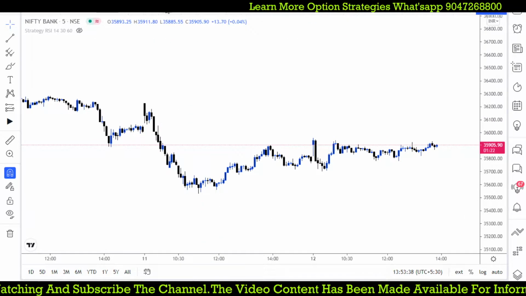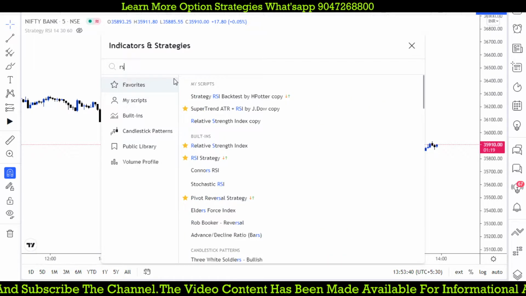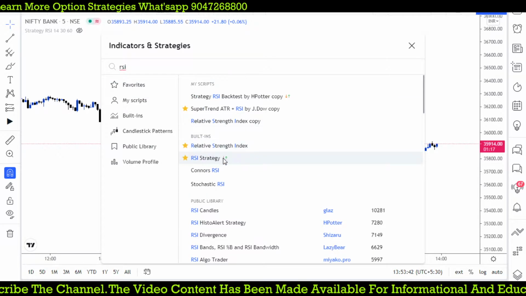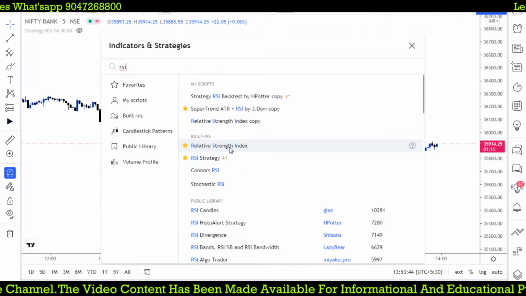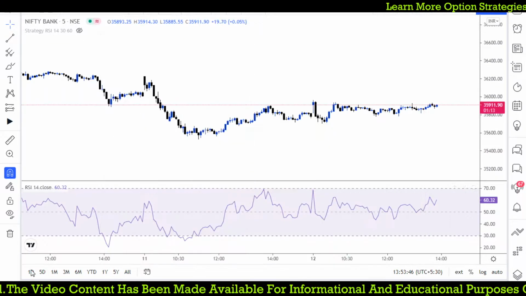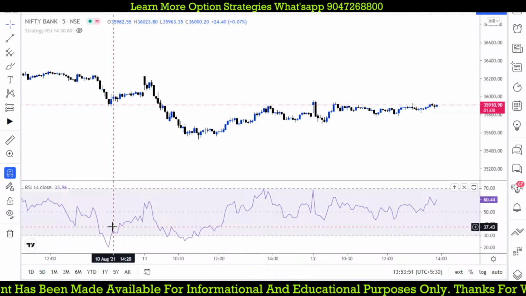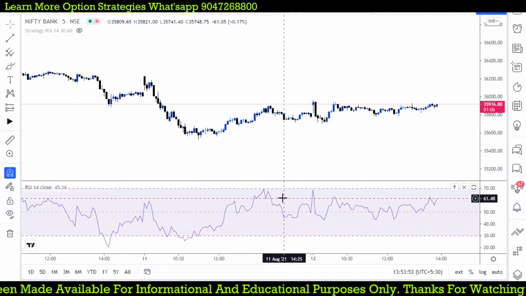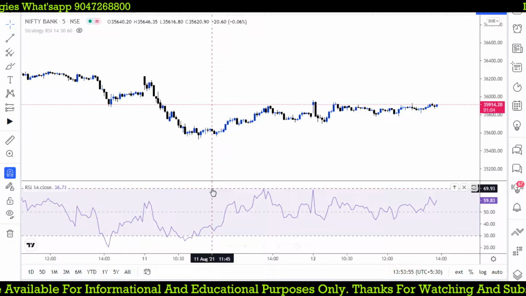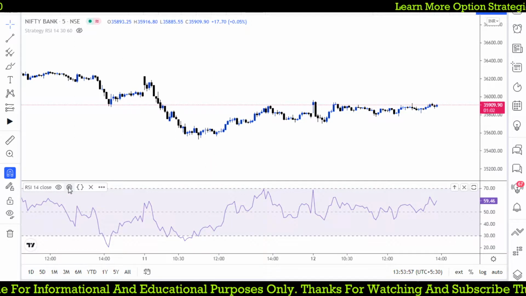So what I'm going to do is apply the Relative Strength Index, that is nothing but RSI. I just applied that RSI at this point. Based on RSI, when the RSI is crossing above 60, I'm going to buy.